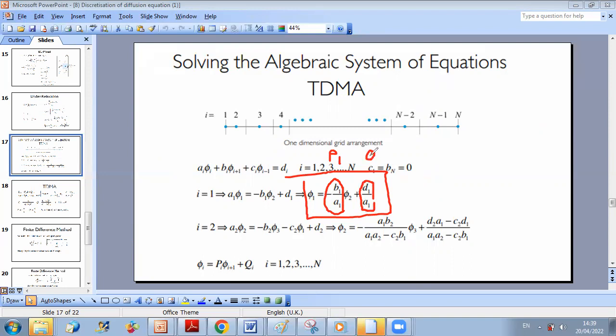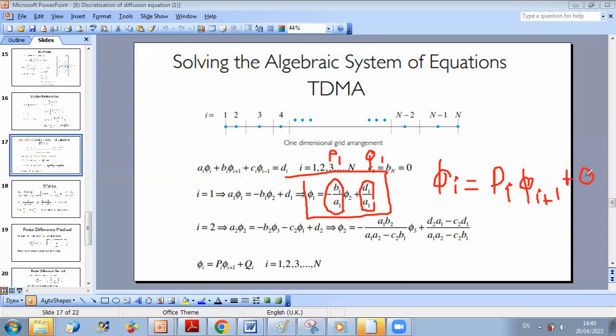Okay? And as you move with cells, for each cell, you can say that I can express phi i as a certain coefficient Pi times phi i plus 1 plus a certain coefficient Qi.